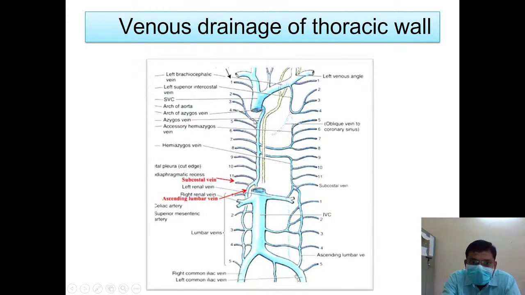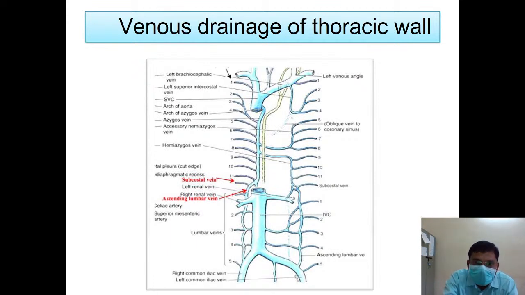See, on one side it is forming the azygous vein, that is on the right side, but on the other side the same subcostal vein is joining and forming another structure called the hemiazygous vein.